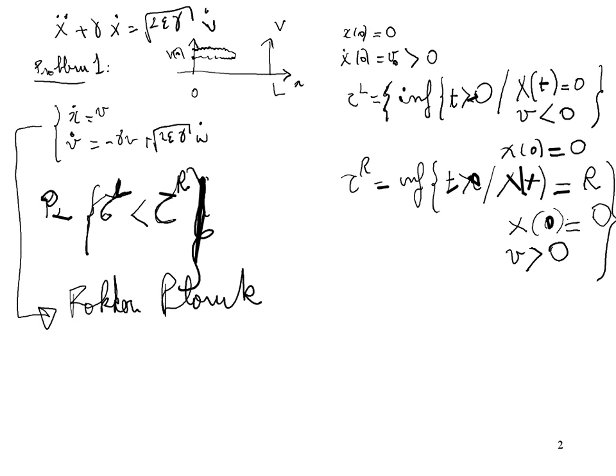I refer to the class about Fokker-Planck, which basically allowed us to derive the equation for the probability distribution function, which is dp/dt, and this is equal to the operator L of P.